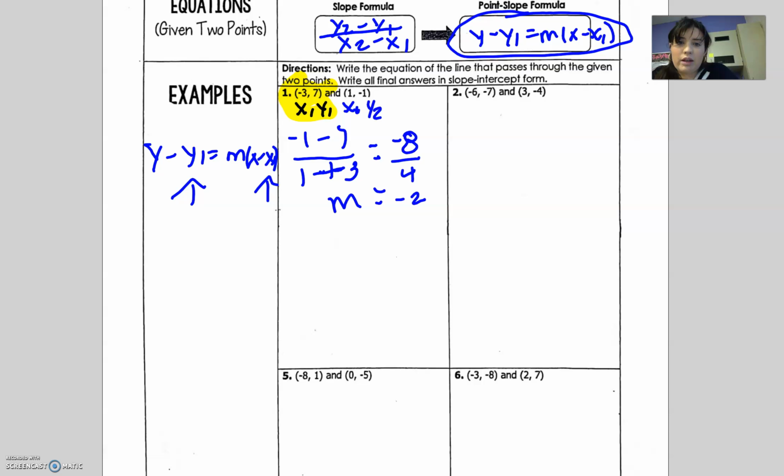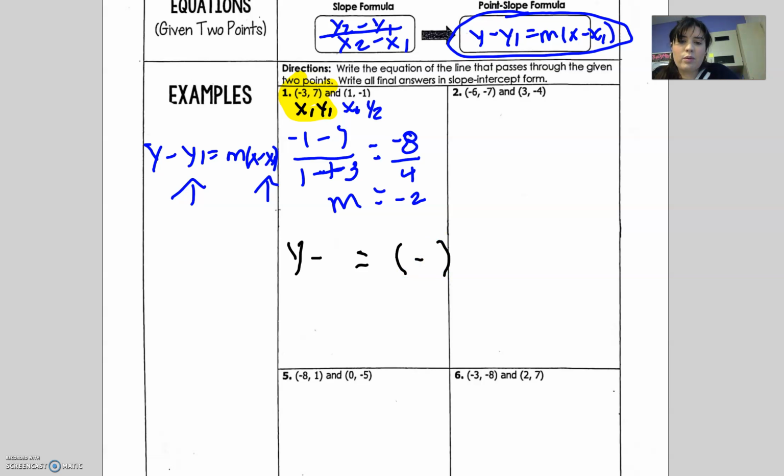So I'm going to plug in. We're going to do y minus blank equals blank times x minus blank. Sorry, we ran out of room there.